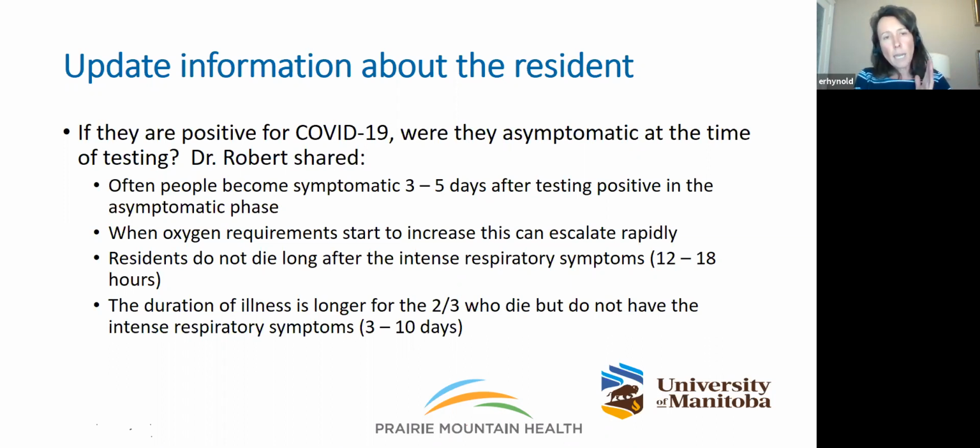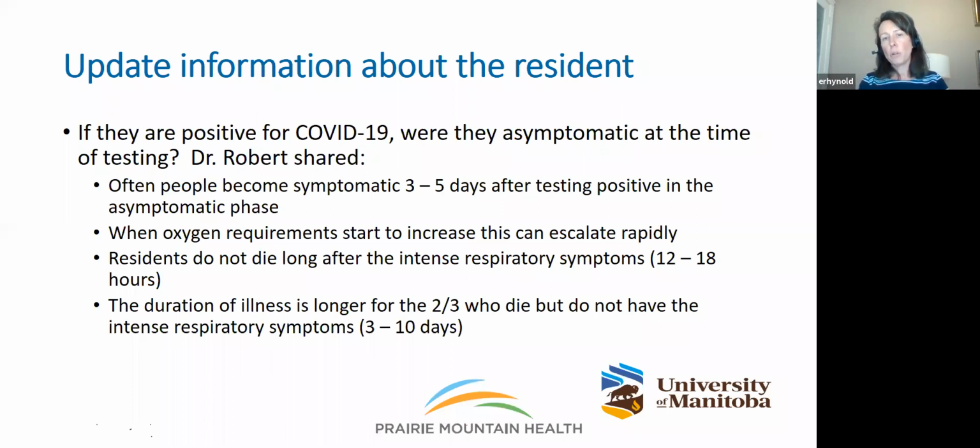And what he said is, once those oxygen requirements started to escalate, it happened fast. And in the residents who developed this intense respiratory presentation, they died within 12 to 18 hours of that onset of their respiratory symptoms. And again, that was a third of the people who died in their facility, which was 9 of 21 cases.